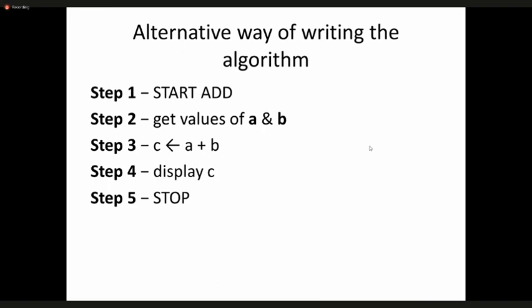That's why I told you that there is no specific way of writing an algorithm, but there should always be a way of reaching the target output in a step by step manner, right?